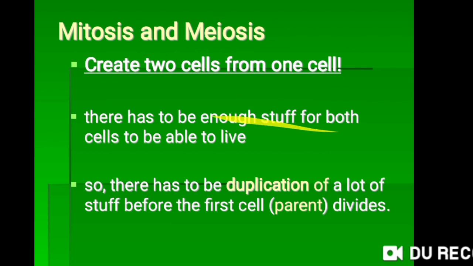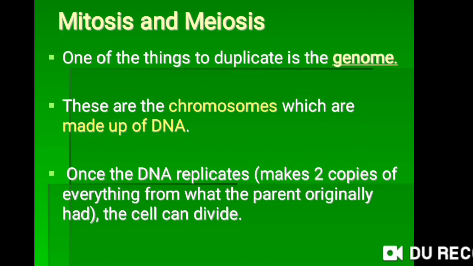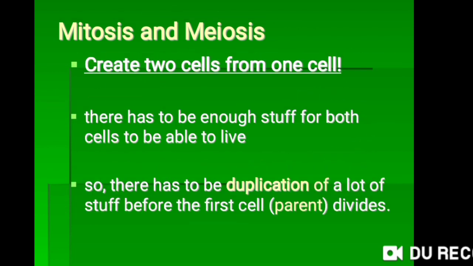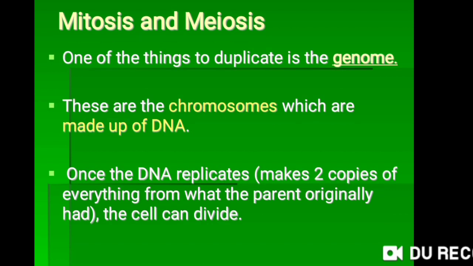So we are talking about the cell cycle, where the cell first matures and then reproduces. There has to be duplication of a lot of stuff before the first cell, the parent, divides. One of the things to duplicate is the genome.